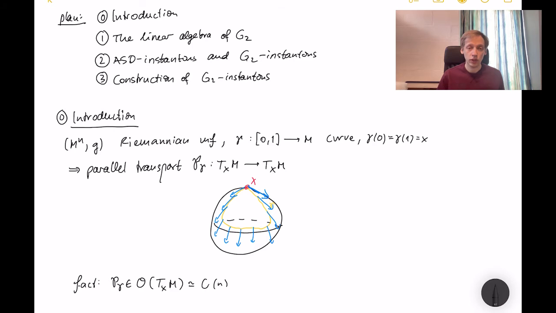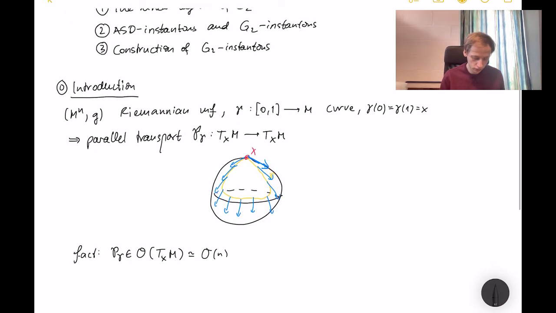And given this, we can define the holonomy group of a metric, namely Hol(g) is the set of all P_gamma, where gamma is just some closed curve, and because of this identification one line above, we can view this as a subgroup of O(n).